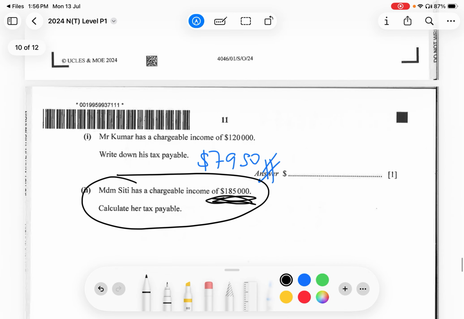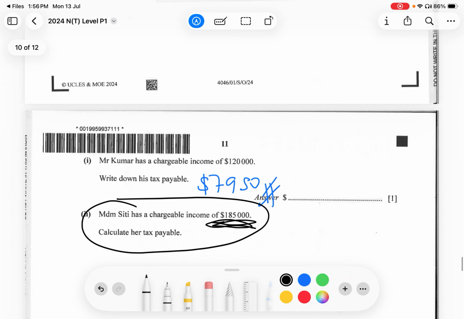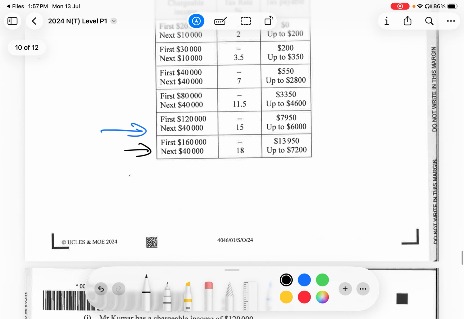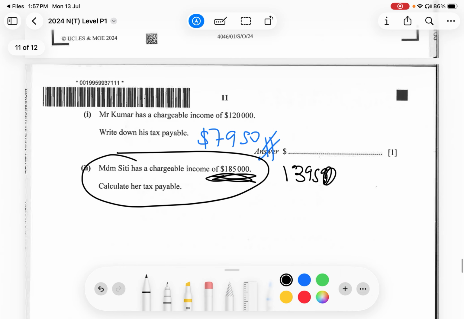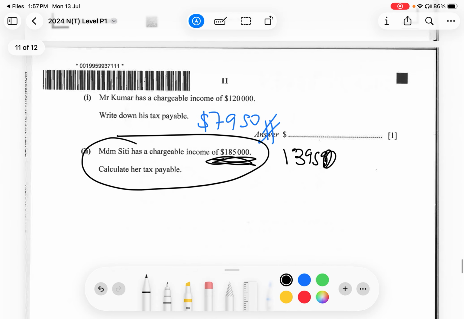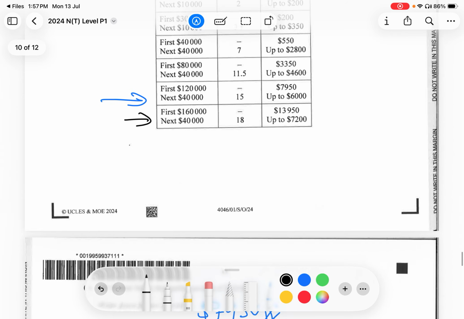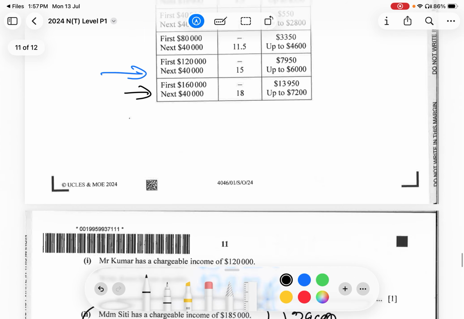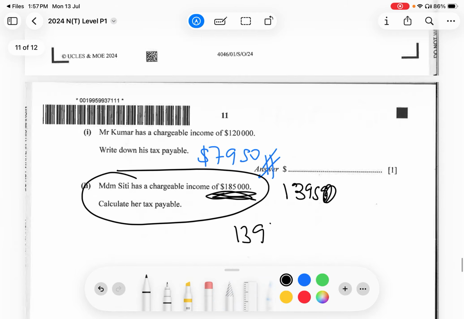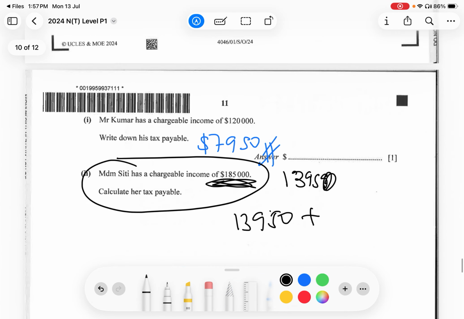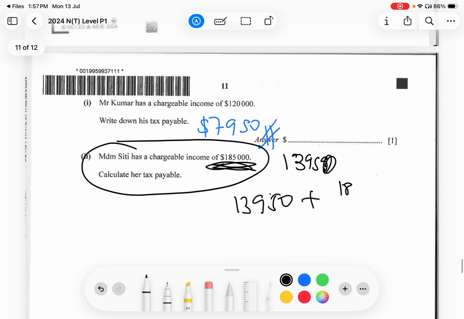So for the first 160,000 she pays 13950. The next money is 18%. 18% of the last one, 25,000.